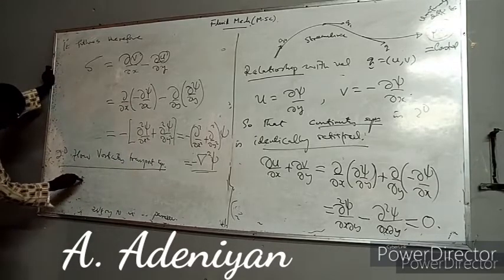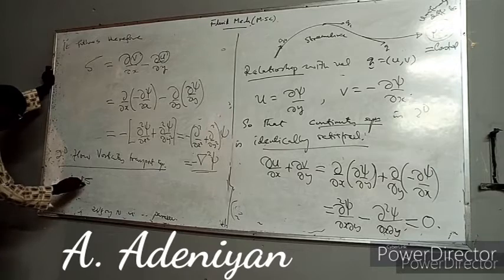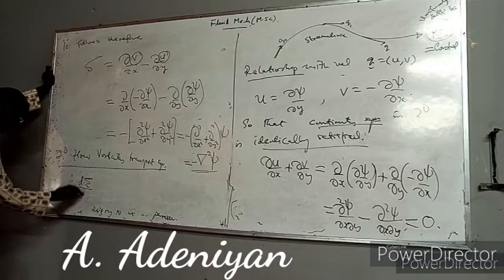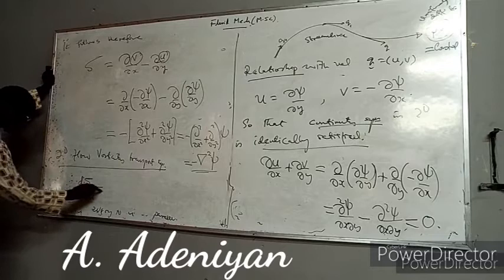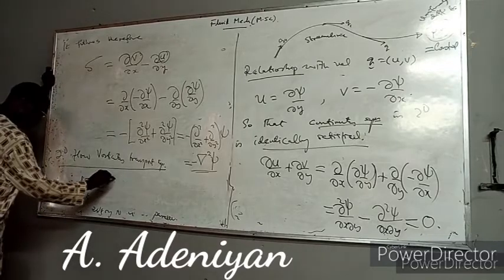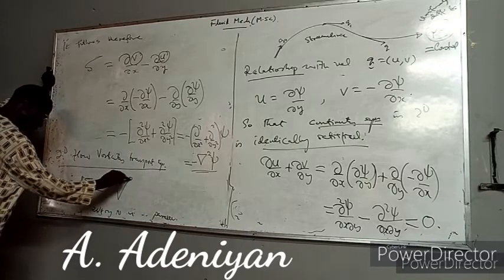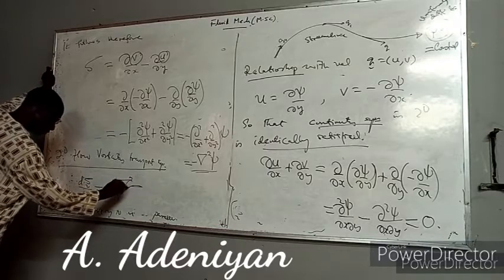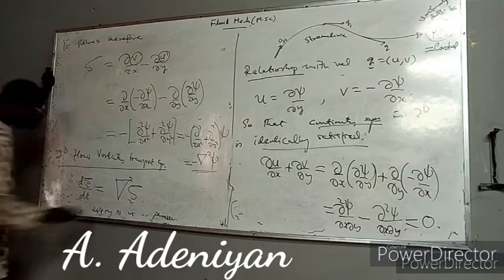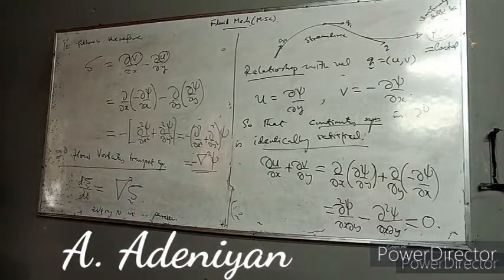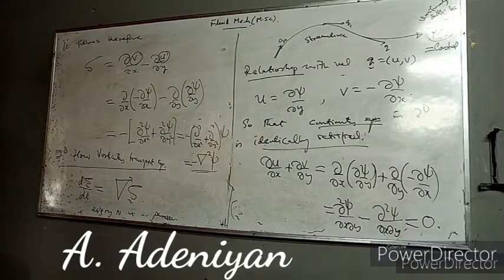That is D zeta by Dt is equal to, is it? That's what we got. That is generally valid.